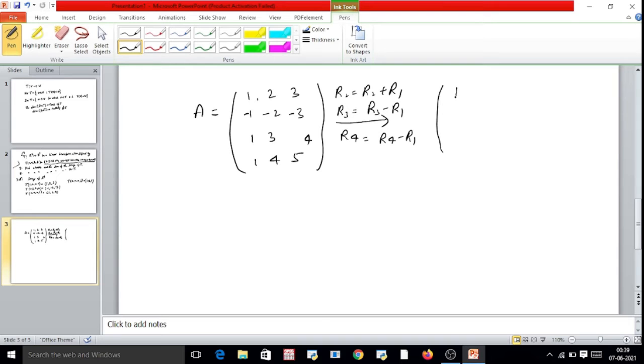So what we get? We get 1 2 3, meaning there is no change in the first row. Then we are adding the first row, so all of these entries become 0. Then R3 is equal to R3 minus R1. So see here, 1 minus 1 is 0, 3 minus 2 is 1, 4 minus 3 is 1, and 1 minus 1 is 0, 4 minus 2 is 2, and 5 minus 3 is 2.